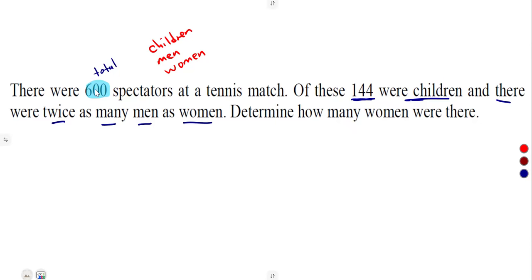There is a total of all. So meaning to say, this is a simple equation that you are supposed to add: children plus men plus women. Let's say C for children, M for men, W for women. I just want you to see something. It was supposed to be like this: children plus men plus women is supposed to give us a total of 600.